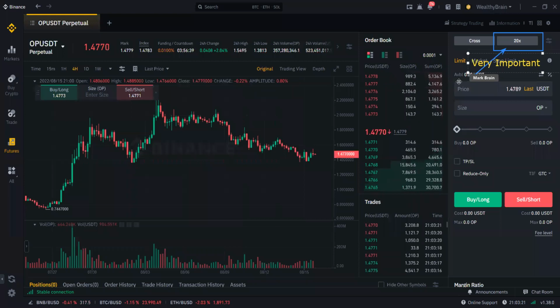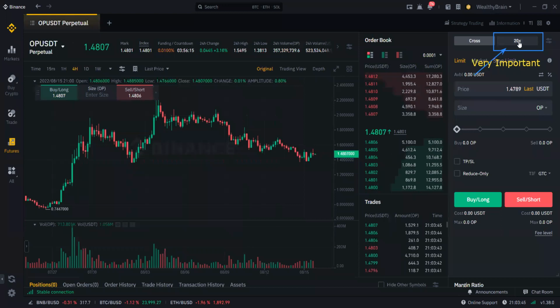For those who have been trading already, just check your leverage first. That's the first thing you need to check before even entering the price of the trade. Check your leverage, and then, like I said, you'll be using 3x or 5x. Whichever you choose, whether 3x or 5x, just set it.